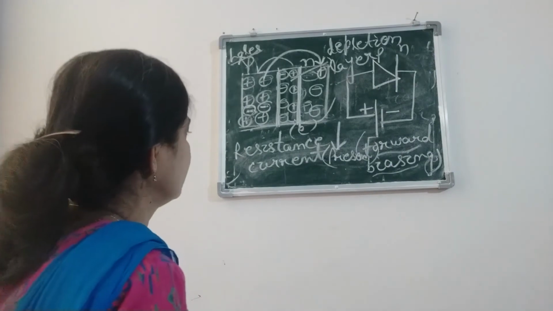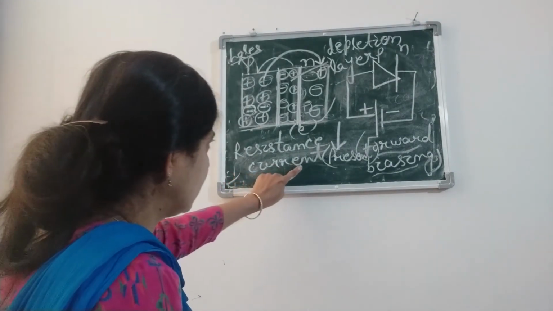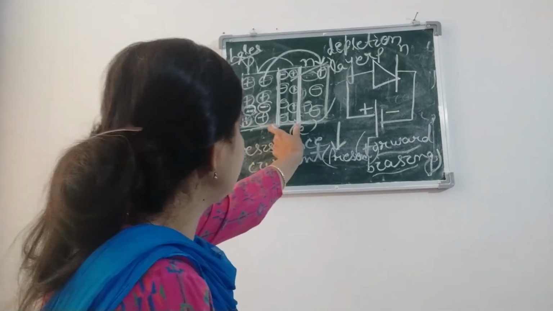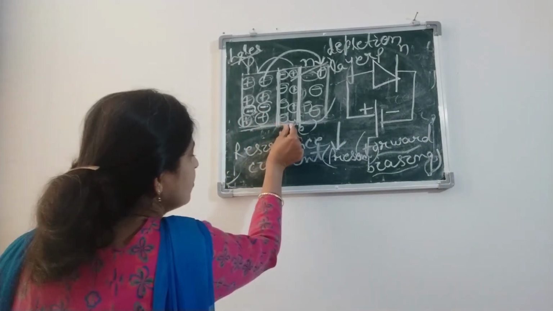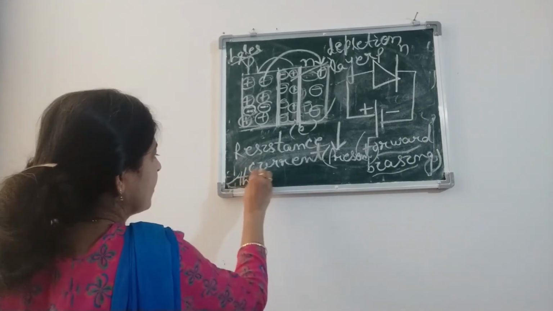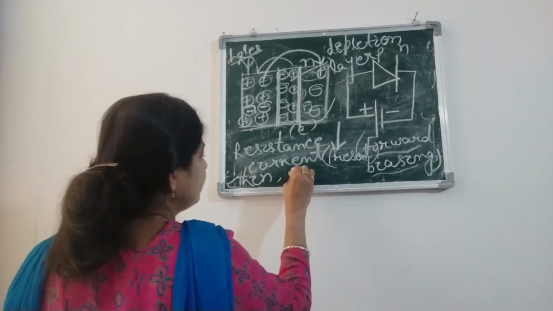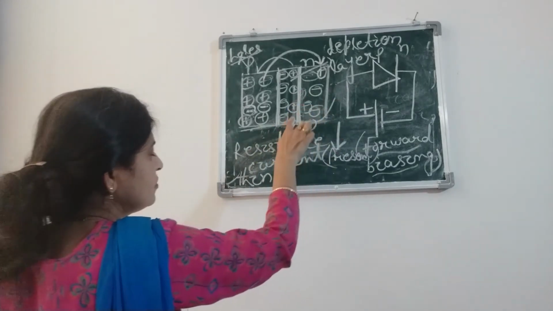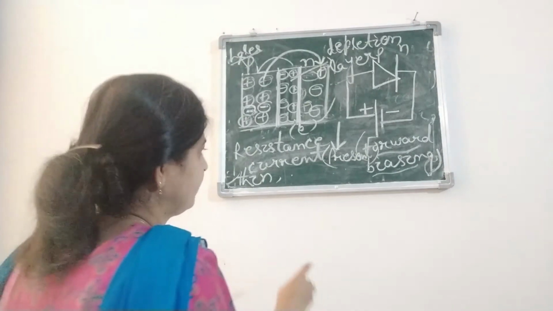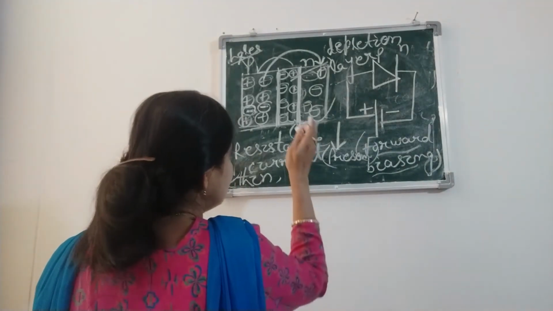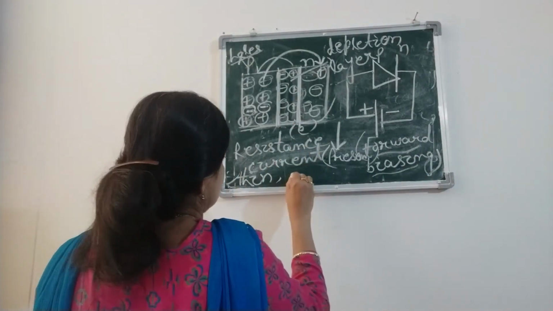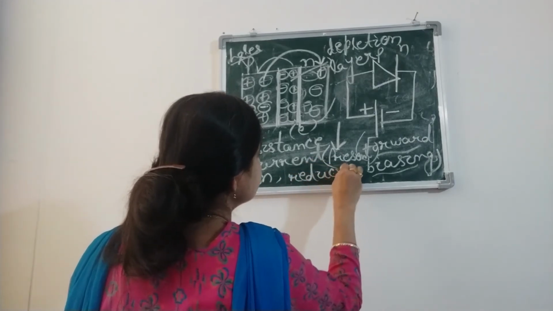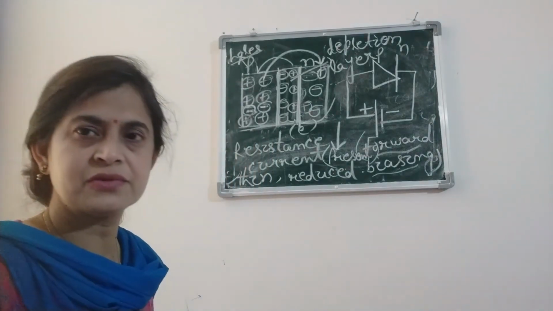When the current flows, the depletion layer will be thin, and the potential barrier which is developed due to the drift current or due to the minority charge particles will also be reduced.